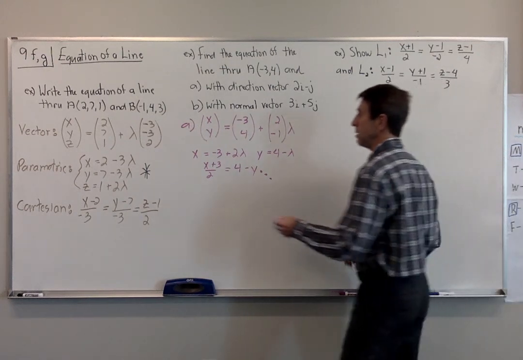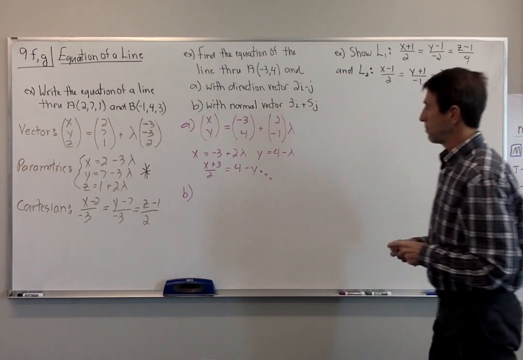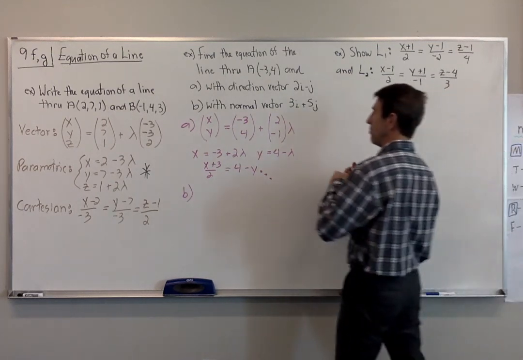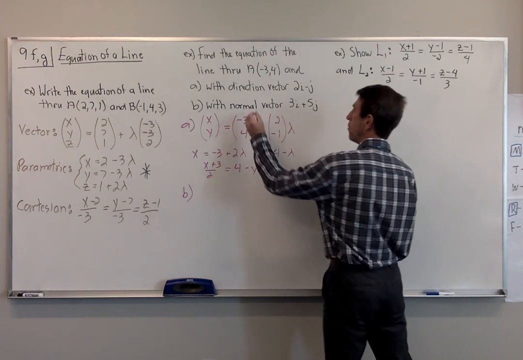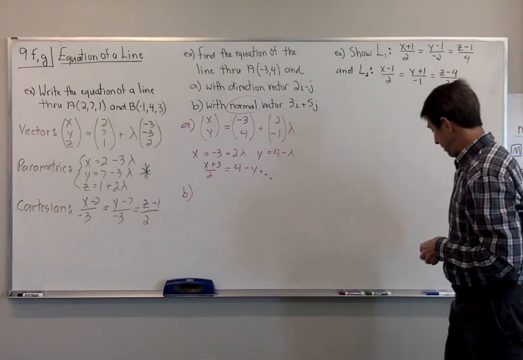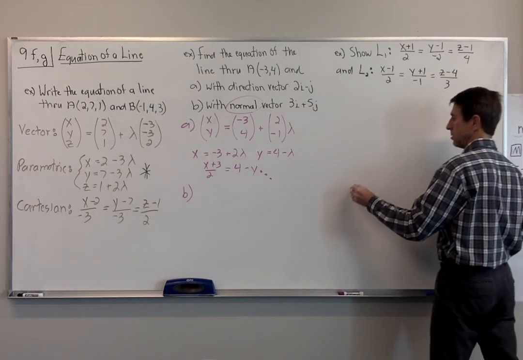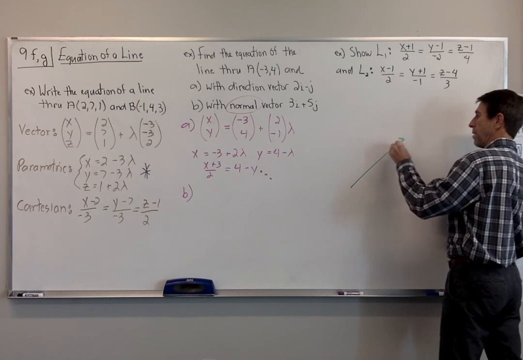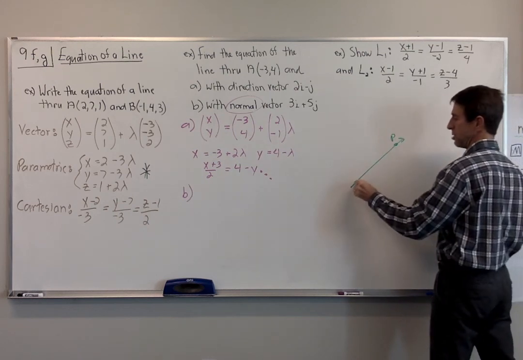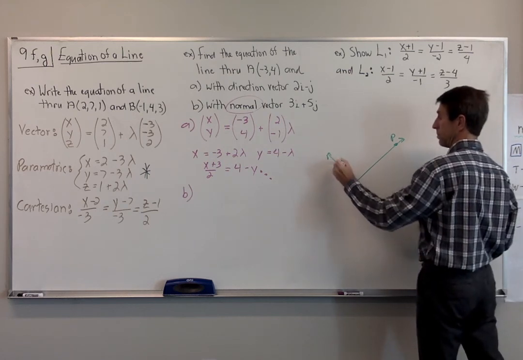For part B, we need to make use of something that I want to talk through for just a minute. But this idea of normal, we hopefully realize that has to do with being perpendicular. So let's just say I have some point out here, and let's just say this is kind of A. And then we have the normal.